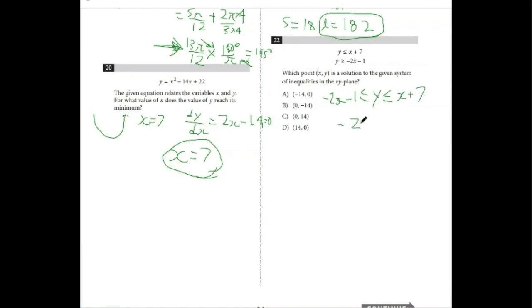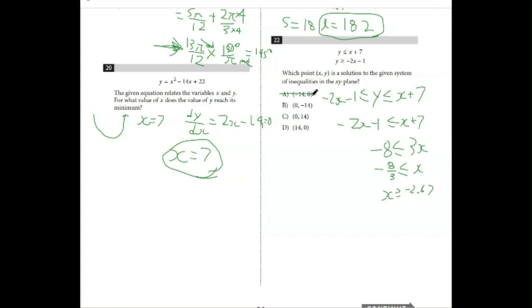I'm going to move all my x's to the right and move the 7 to the left. x is greater than or equal to minus 8/3, which is minus 2.67. So immediately A is wrong.